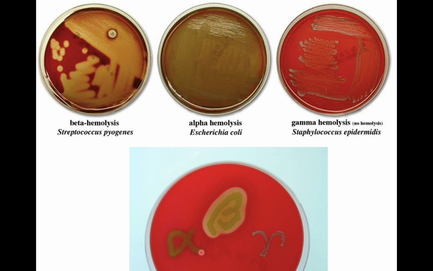The factor causing the green discoloration is hydrogen peroxide, which oxidizes hemoglobin to the green methemoglobin. So it doesn't have hemolysin, but it turns the colonies green due to the hydrogen peroxide.